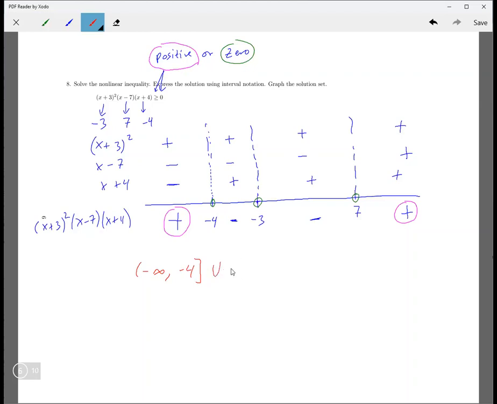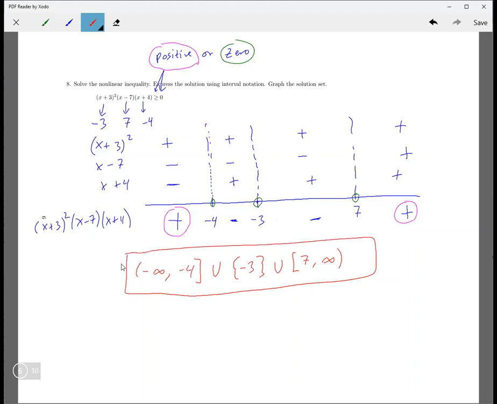And then -3 gets included. And then from 7 to infinity, including the 7. Okay, so that's going to be the answer to that one. It looks like the very last answer in that part is the correct one.